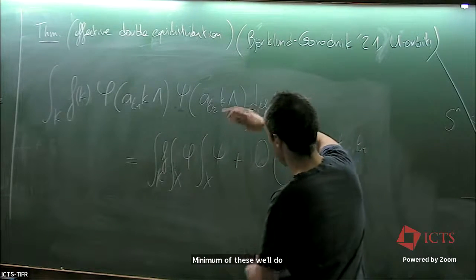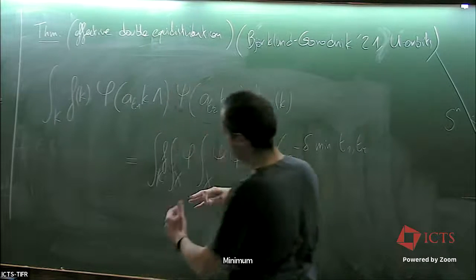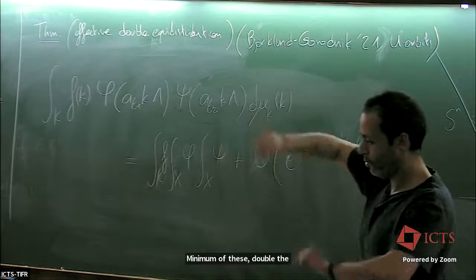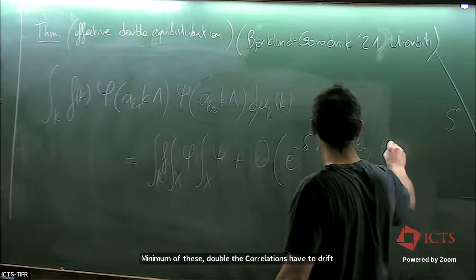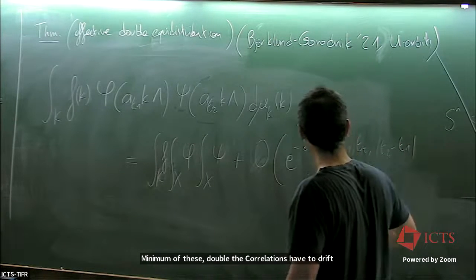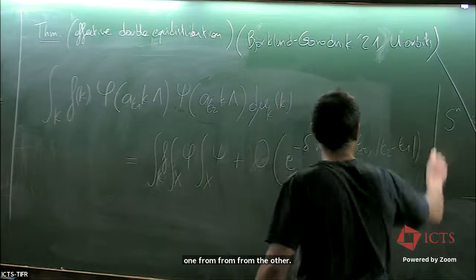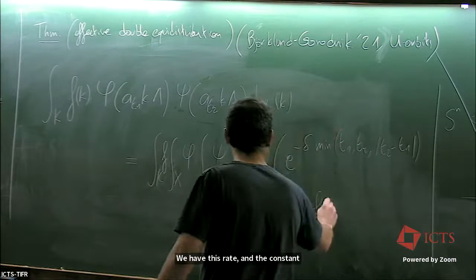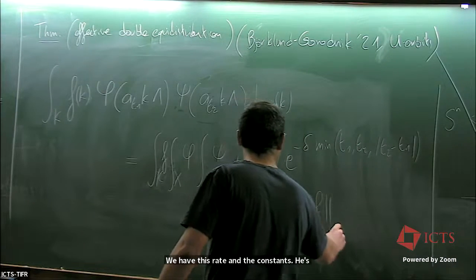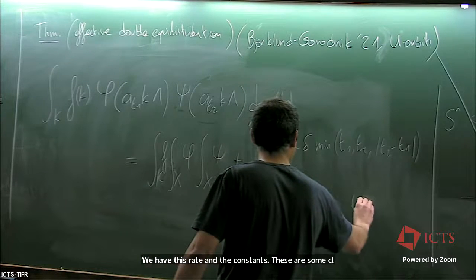So these correlations have to drift away one from the other. We have this rate, and the constants are some C^L norms of the density and the test functions.